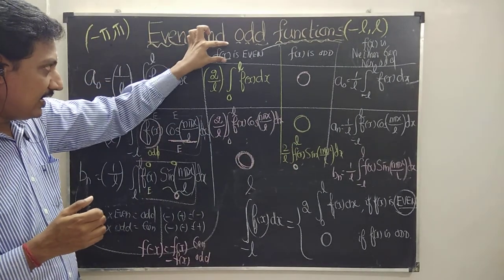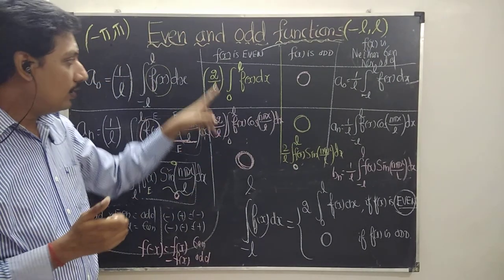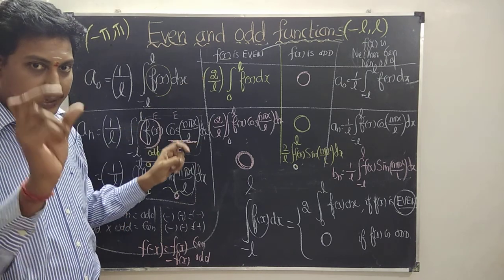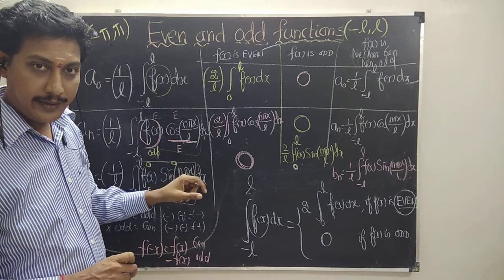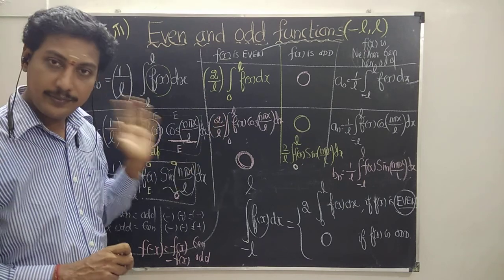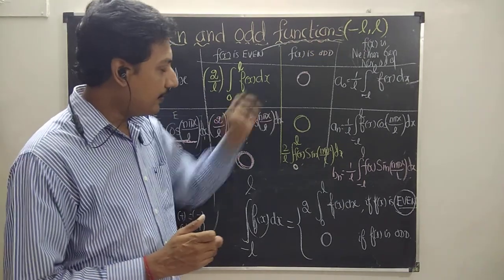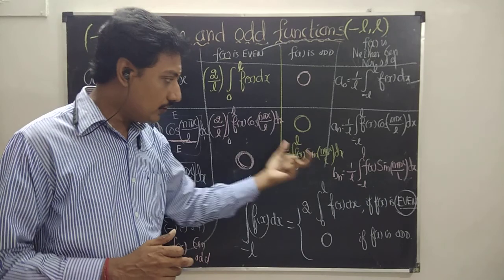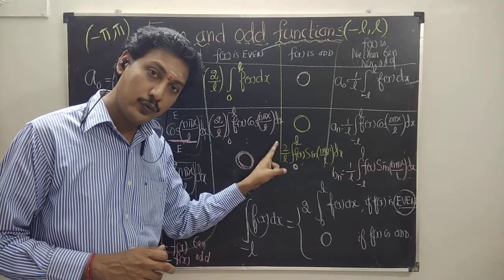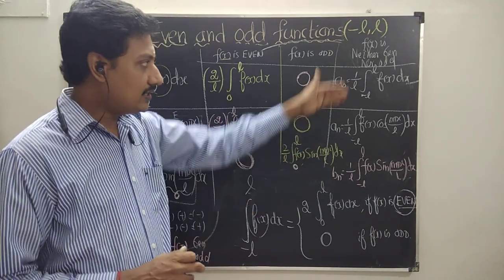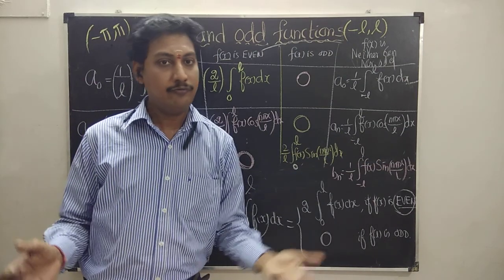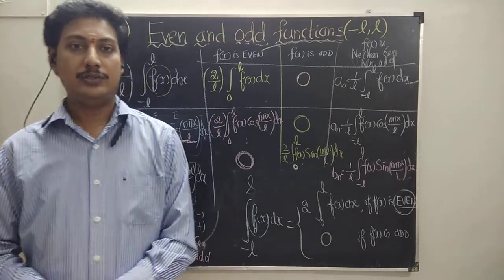Now if the function is even, Bn is 0. In the formula for A0 and AN there is a slight difference, twice the integral, and the lower limit is 0. If it is odd, A0 is 0, AN is 0, and in Bn there is a slight difference in the formula: 2 in the numerator and the lower limit is 0. If it's neither even nor odd, don't worry about it, find it as usual.